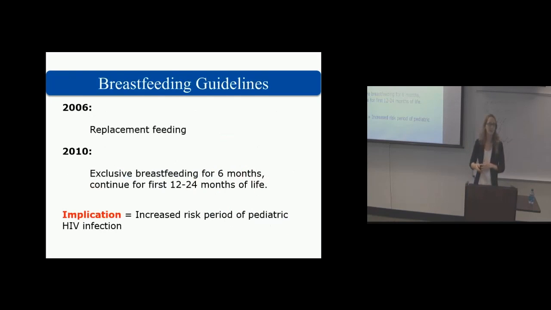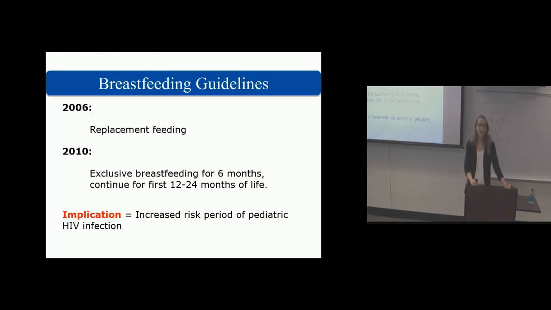Now, prior to 2010, this wasn't too big of a deal because HIV positive mothers were expected to breastfeed for 6 months and then use formula. In reality, what happened, and if you were in the global setting during that time, formula was stockpiled. Crates of formula came in. So HIV positive mothers, most of them ceased breastfeeding and used formula.